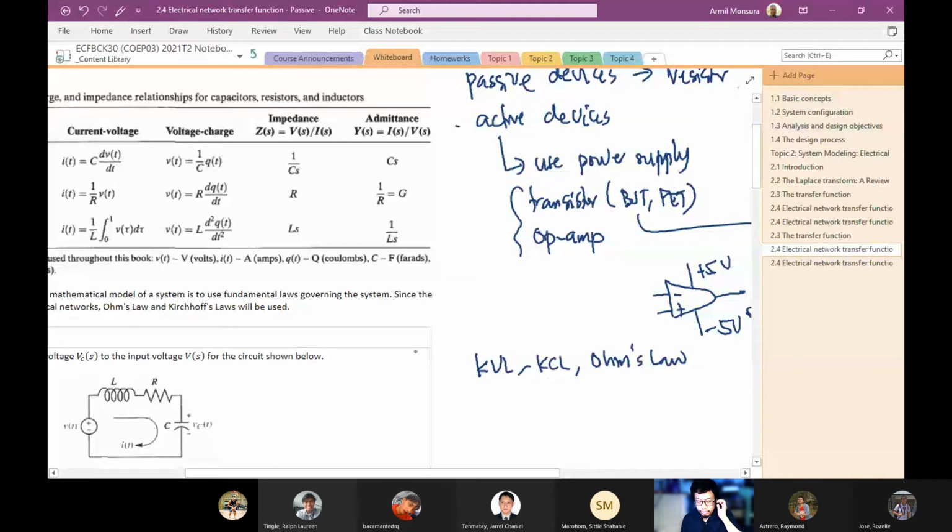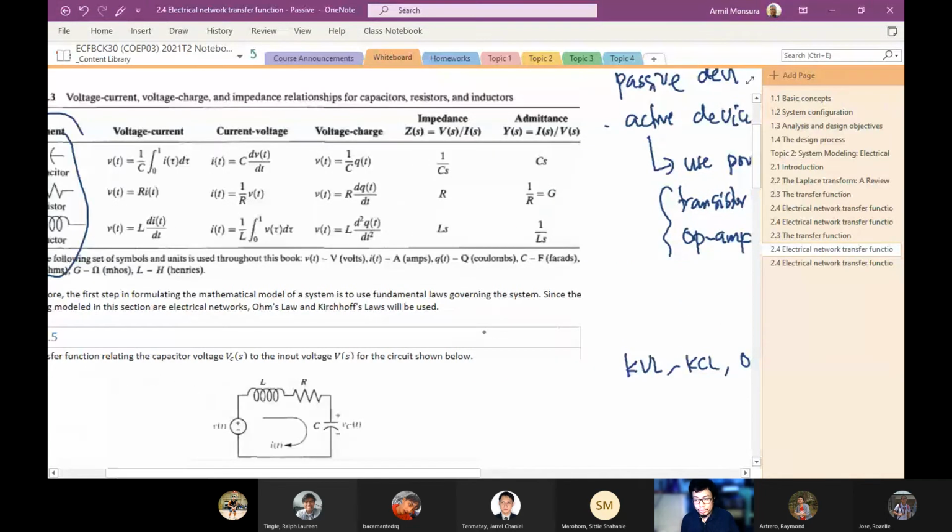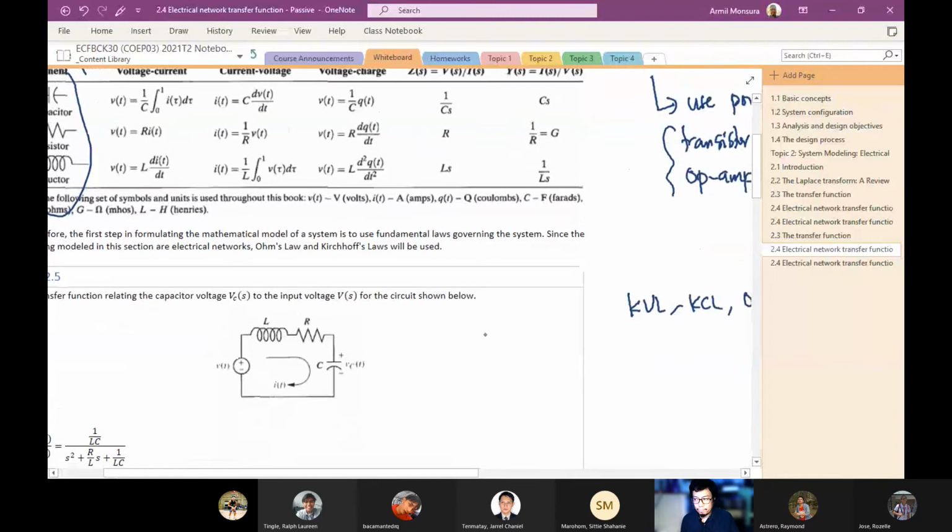Pero bago kayo magsimulang gumamit ng kahit isa diyan, ang gawin niyo muna sa circuit niyo is kunin niyo yung kanyang Laplace transform. I-quote and quote ko 'yun. We say that we Laplace transform the circuit. Wala naman talaga tayong ganung operation, but for our purpose, para mas magkaintindihan tayo, gagamitin yung term na yan. We Laplace transform the circuit itself.